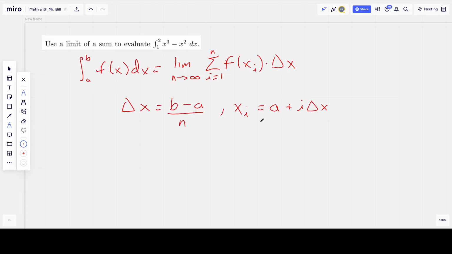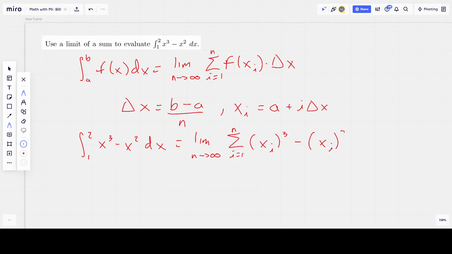So let's find the things for our function. We've got the integral now from 1 to 2 of x cubed minus x squared dx. And that's going to be equal to the limit as n goes off to infinity of the summation from i equals 1 to n of f of x sub i, which is going to be x sub i cubed minus x sub i squared.